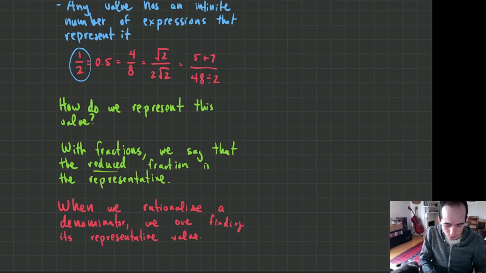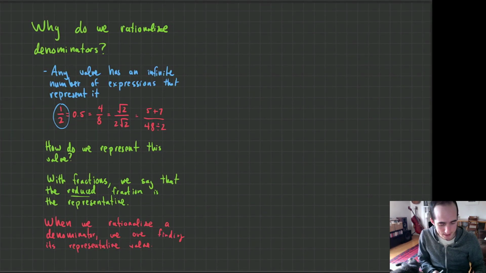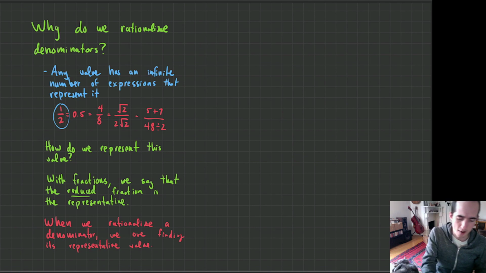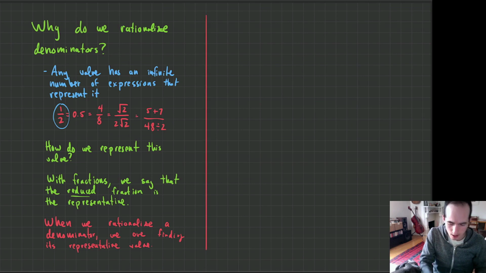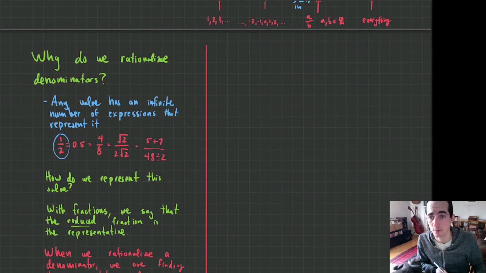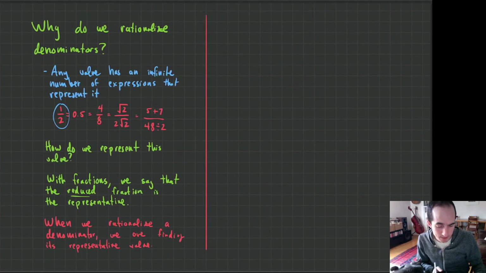But the reason we're so obsessed with it is that we want one specific expression that represents all of these different expressions that have the same value. So that's why we rationalize denominators. It took me a really long time to figure that out. If it seems kind of abstract, well, that's because it is a little bit abstract, but hopefully that gives you an idea as to why we do what we do.